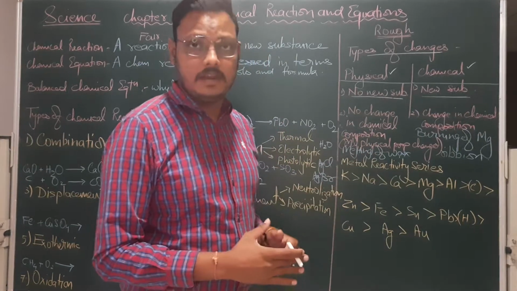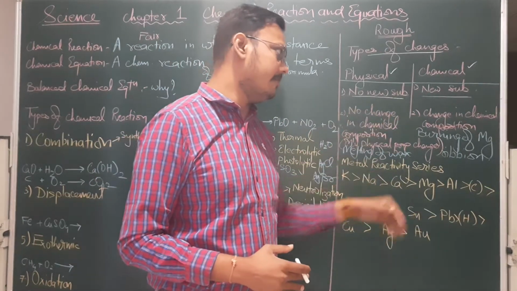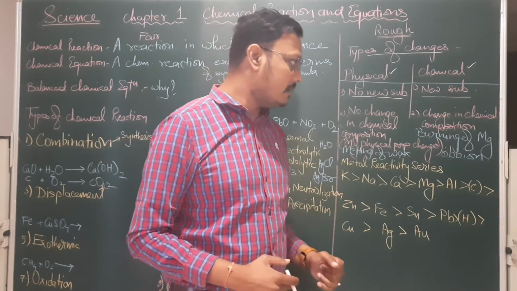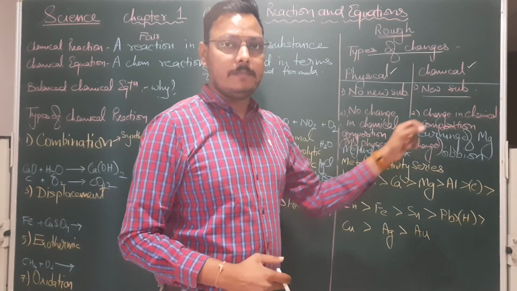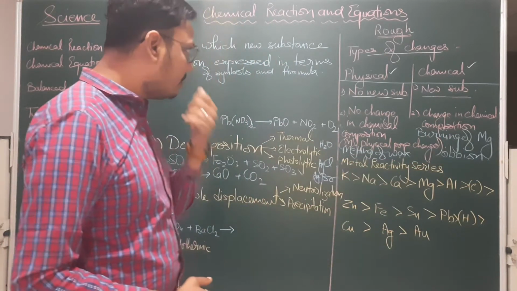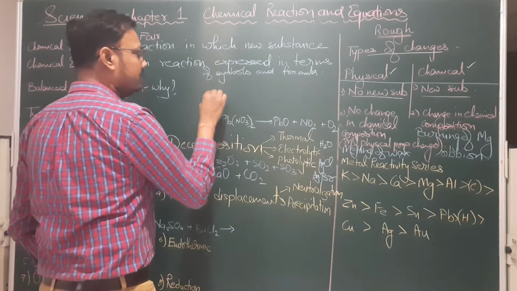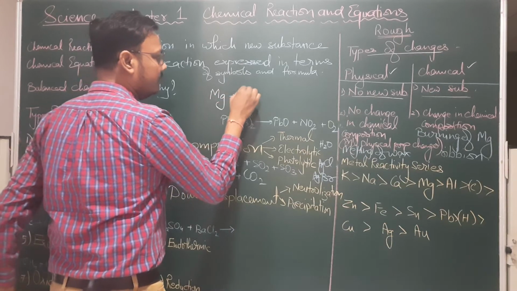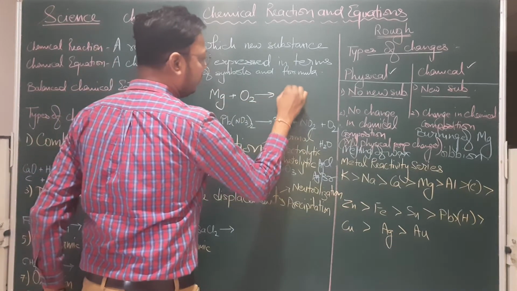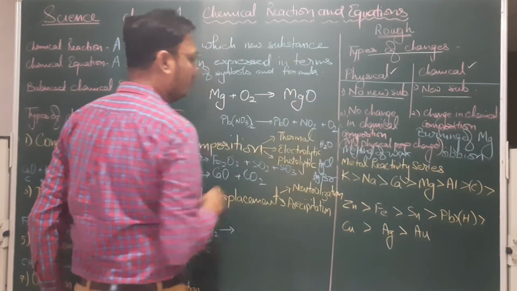So the state has changed from solid to liquid, whereas in a chemical change we can take the burning of magnesium ribbon. Now what happens to the magnesium ribbon? I'll show you. When we have a magnesium ribbon, let's say Mg, it burns and combines with oxygen to form MgO.